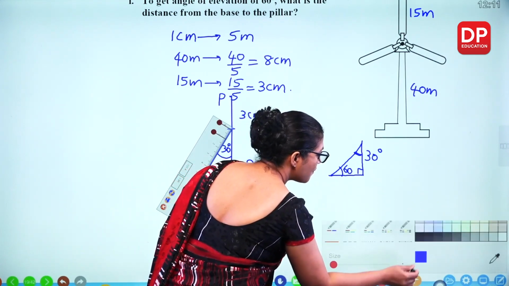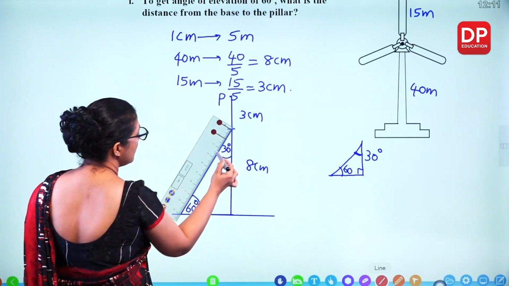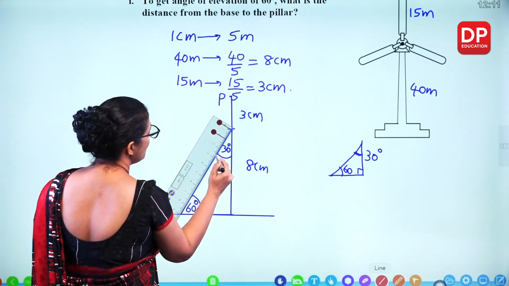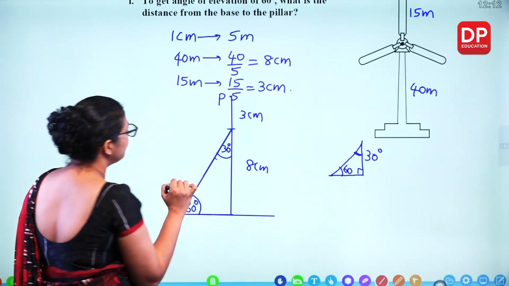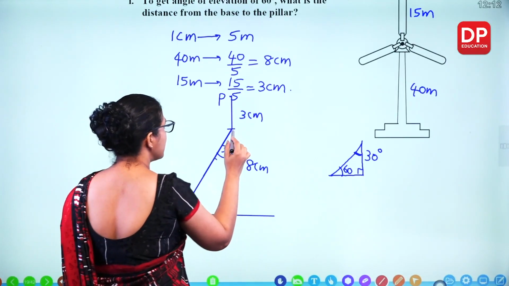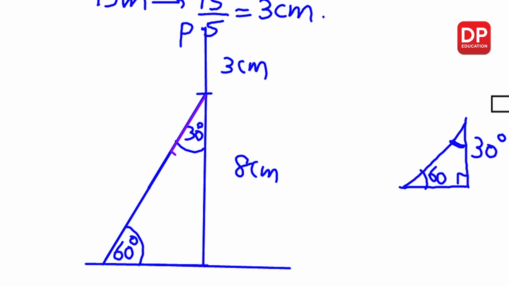I'll take a different color, purple, to show it properly here. 1, 2, 3. So this is the level. So this is the blade. So I'll draw it properly. So this is one blade. This is the other blade.